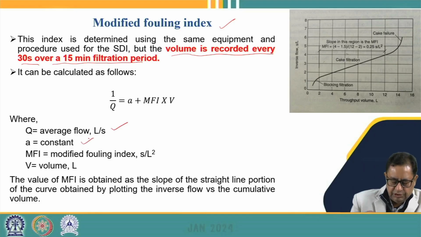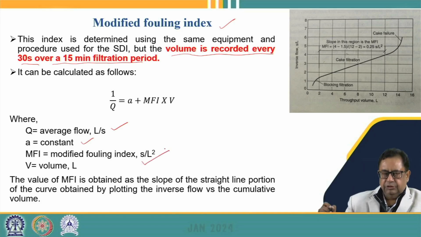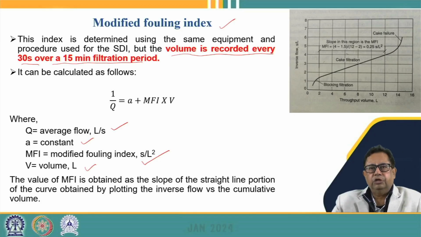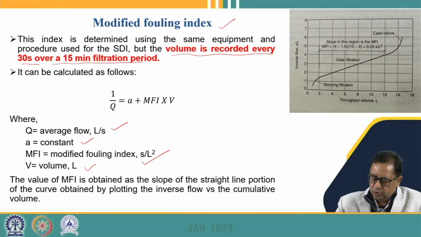A is a constant, and the MFI is the modified fouling index, given in seconds per square liter, and V is the total volume of water collected. We draw a curve with 1 by Q on the y-axis and the throughput volume on the x-axis. The slope of this curve gives us the MFI value.